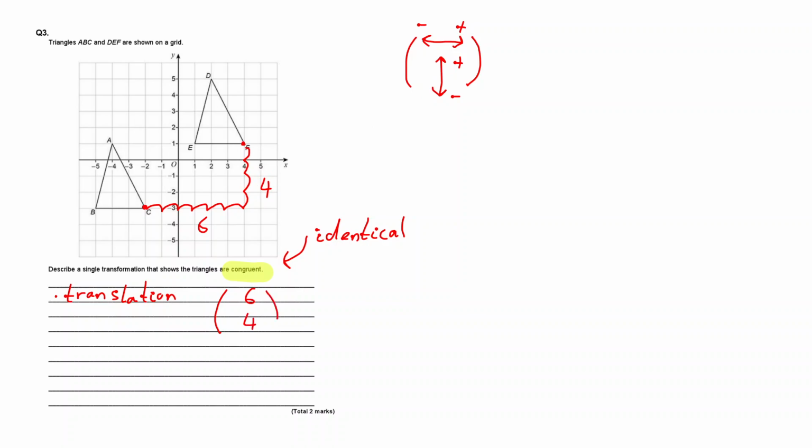Now, just to make doubly sure this is correct, it should be the case if I choose other corresponding points, like this point and this point, you should be going 6 across, 1, 2, 3, 4, 5, 6, up by 4, 1, 2, 3, 4. It makes sense. Okay, so there we go. That's it. That is just a simple 2 marks in the bag. 1 mark for the statement translation, 1 mark for the vector, 6, 4.